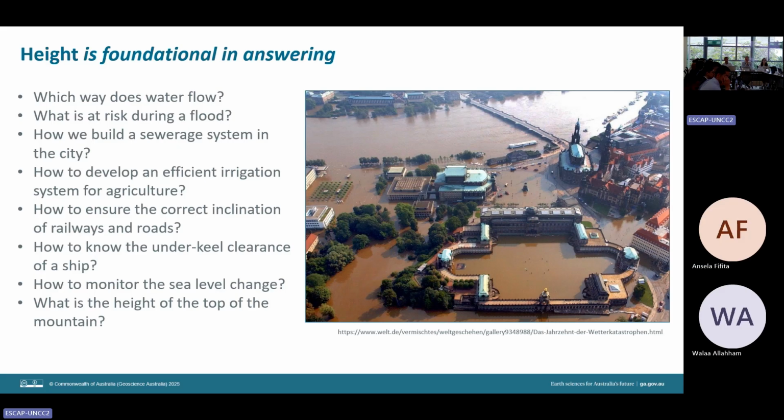Without this geodetic framework, every height would just be a local guess in an absolute sense, and disconnected and prone to error. In short, height is foundational because it underpins the systems and decisions that keep our infrastructure functioning, our communities safe, and our natural and built environments understood.